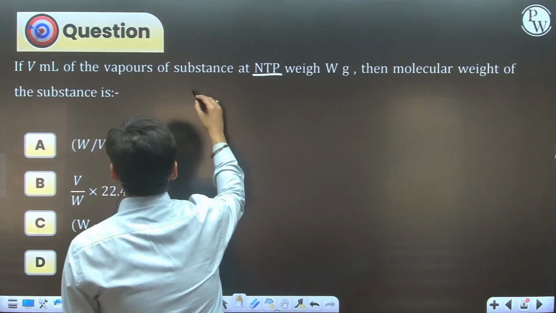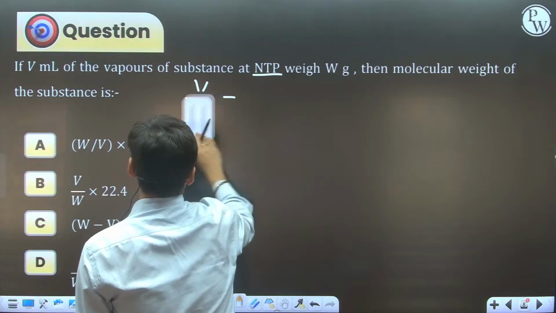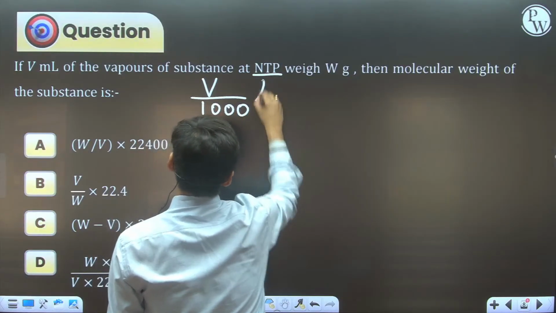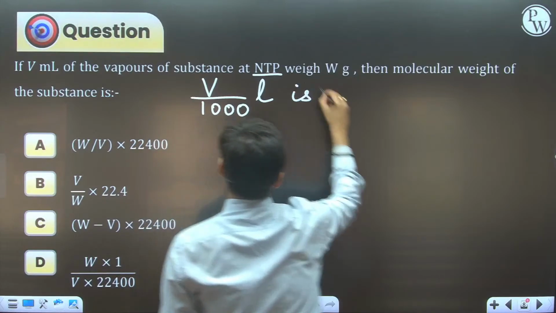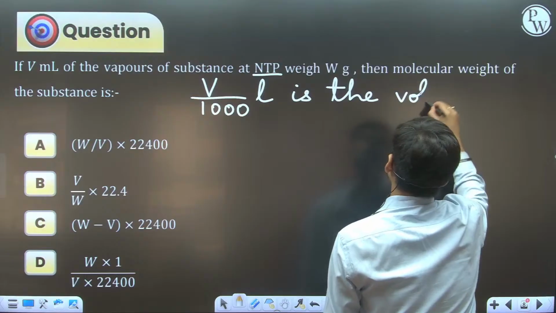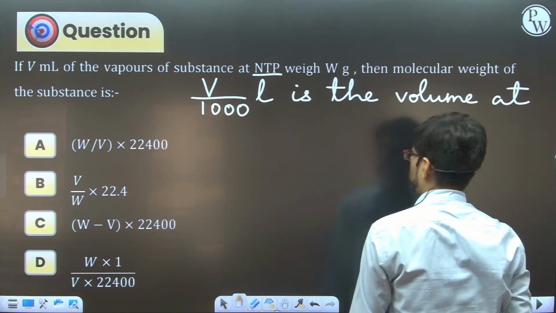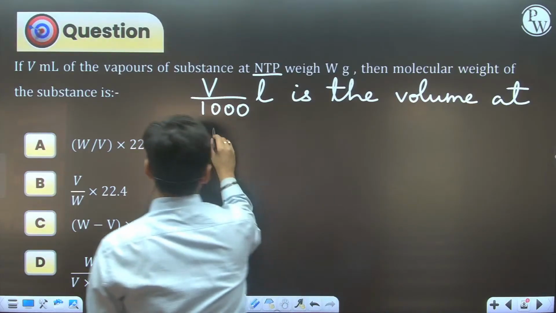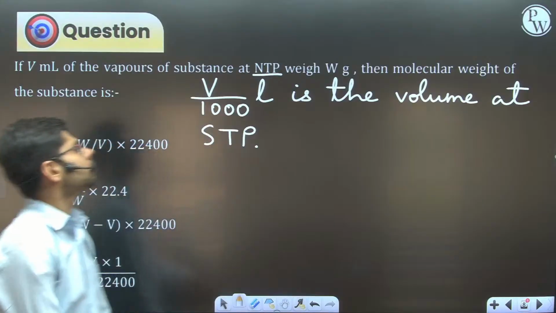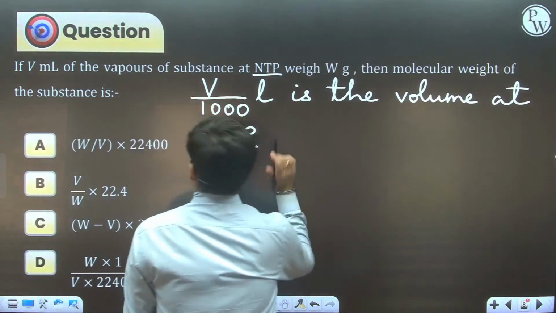So I'll say that the volume is V upon 1000 liters. Units are extremely important. Okay.